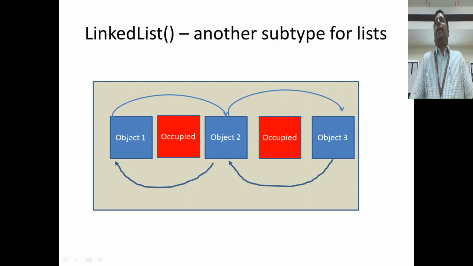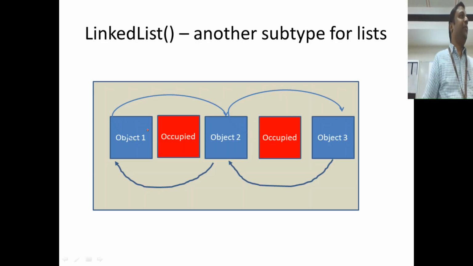For an array list and a linked list, the methods are almost the same, because it implements the list methods and the collection methods, right? But when you add an element for an array list, it uses an array, stores the object, increments the array and puts the object inside the array. But when you add an element to a linked list, it will not create an array, it will create a linked list.